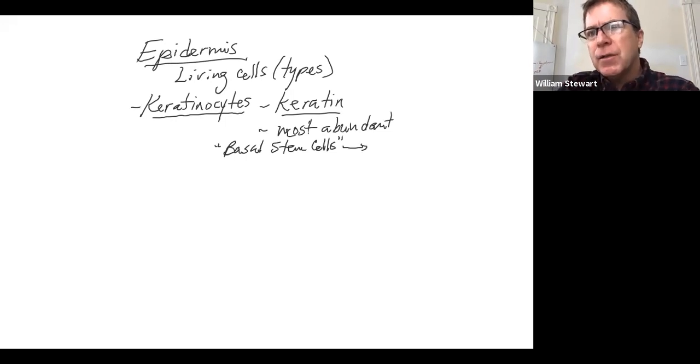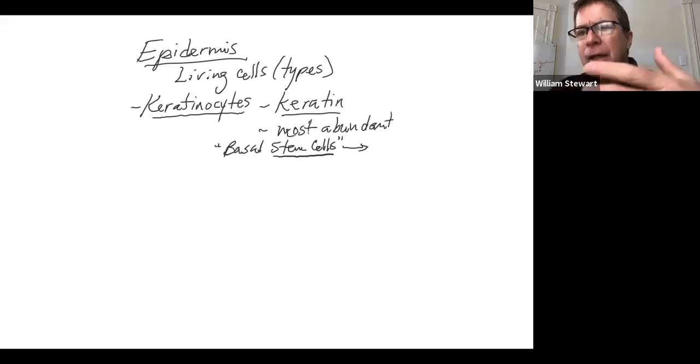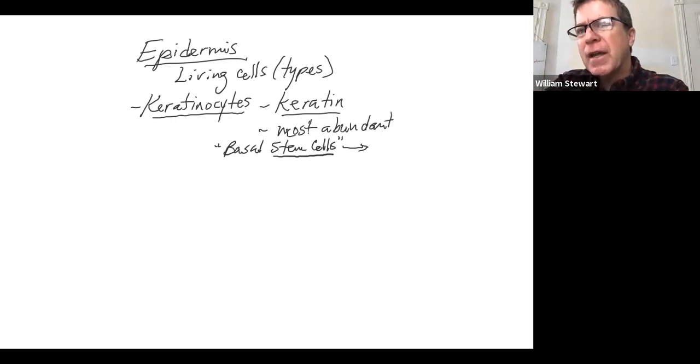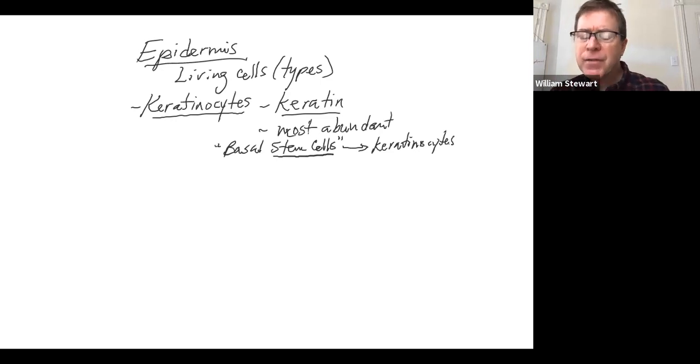So stem cells are just continually dividing cells in the human body, and they give rise to daughter cells of all different types. But in this case, these basal stem cells give rise to keratinocytes. It's where the keratinocytes come from. If I have time, I'll describe to you where the cells arise and how they rise up to the surface of the skin.